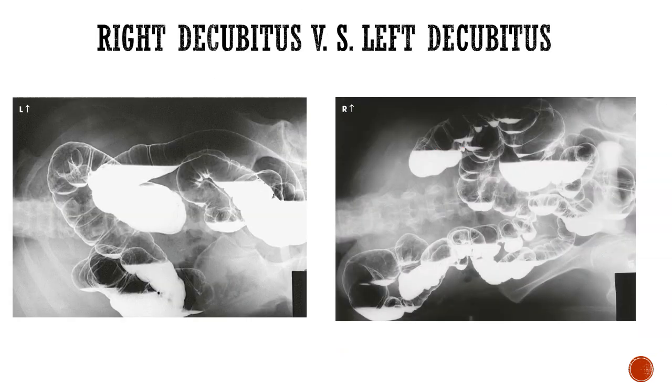And here's the right lateral decubitus versus the left lateral decubitus, just showing that here's our left side, this is our right side, and then right and left again. Looking at the air-filled sides are the sides that are up. Here's our air-filled side that's up over here, and there it is over here.